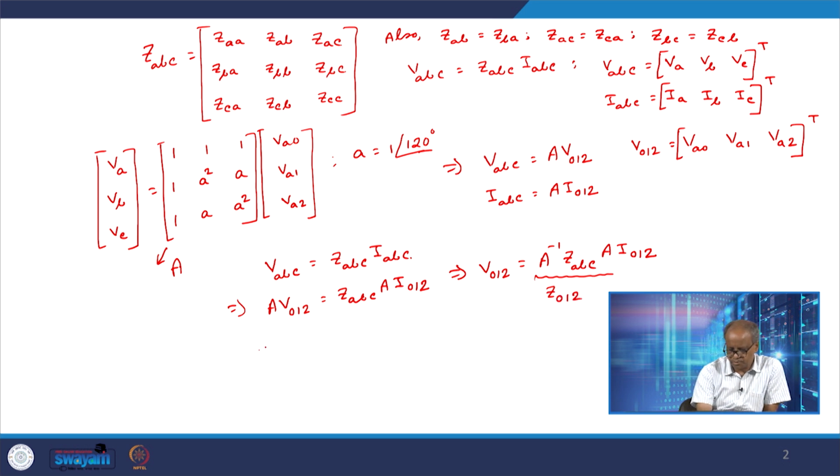So sequence impedance is given by A inverse ZABC into A. So this is the sequence impedance matrix.